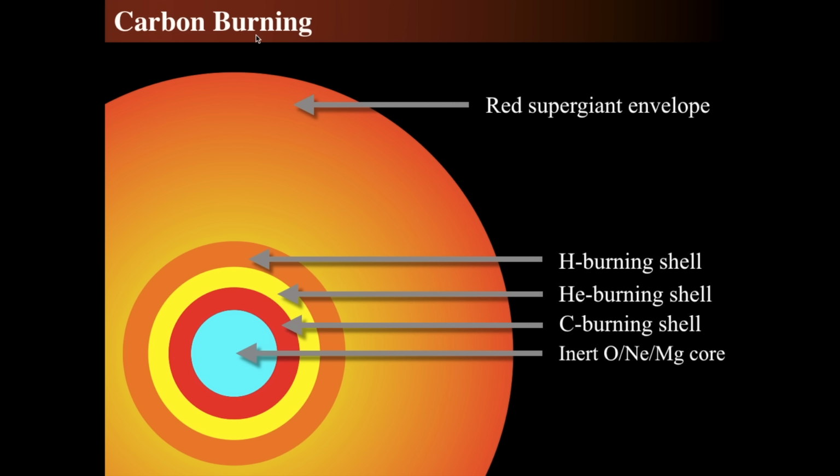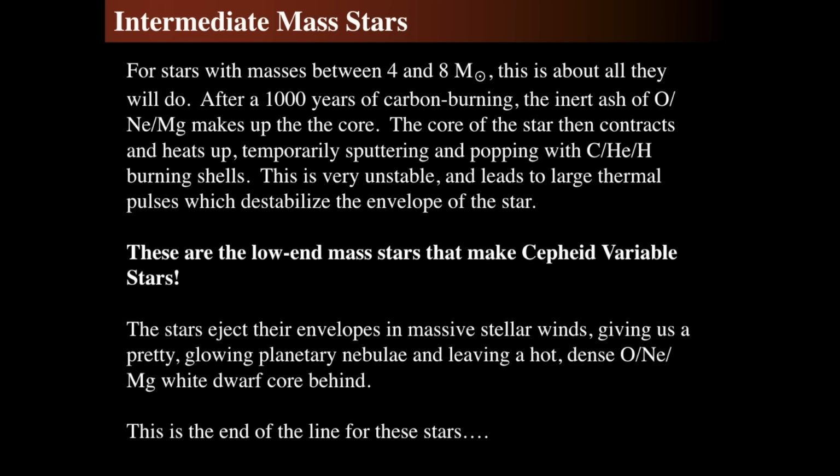And all above is the supergiant envelope. It's very unstable below. It's puffing off its outer layers, just like we saw initially with Betelgeuse puffing itself apart, because the interior is an extremely violent place.